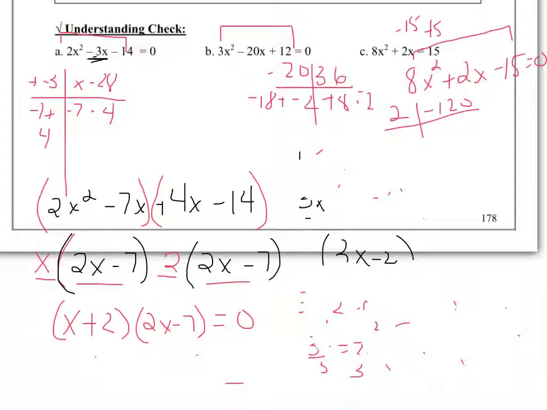Okay, so the numbers 12 times 10, and one of them has to be negative. I need a positive 2, so 12 plus negative 10 will give me positive 2.